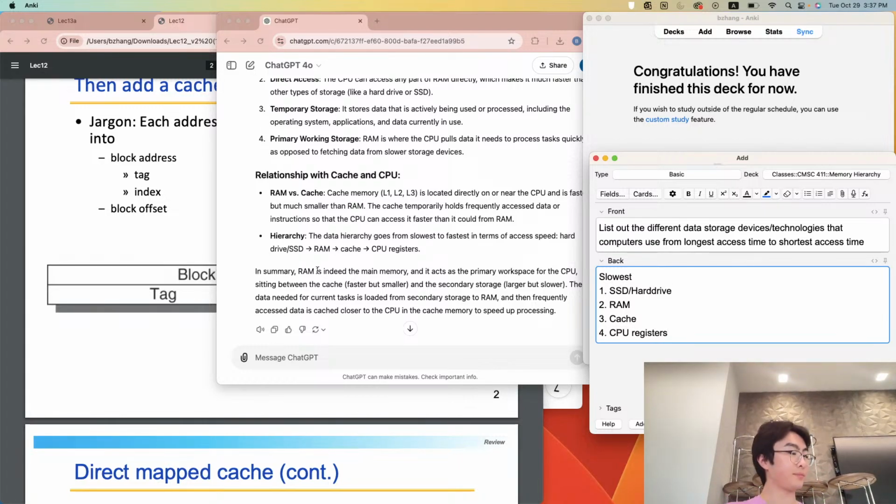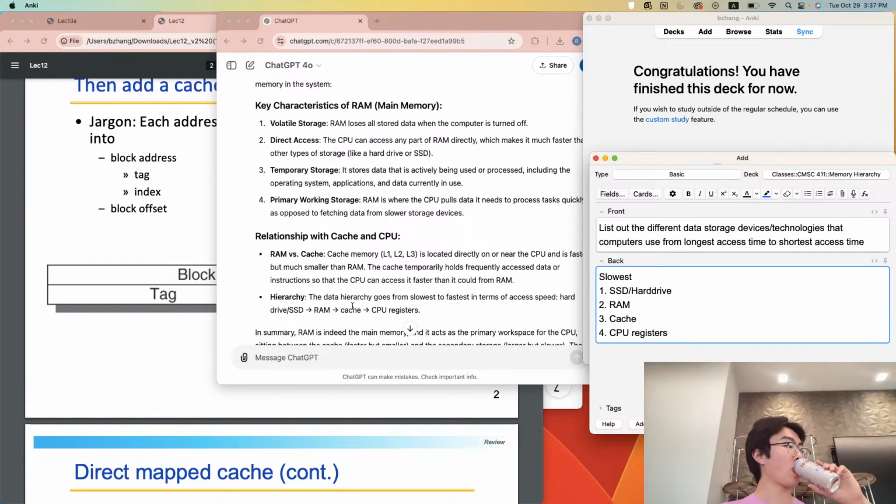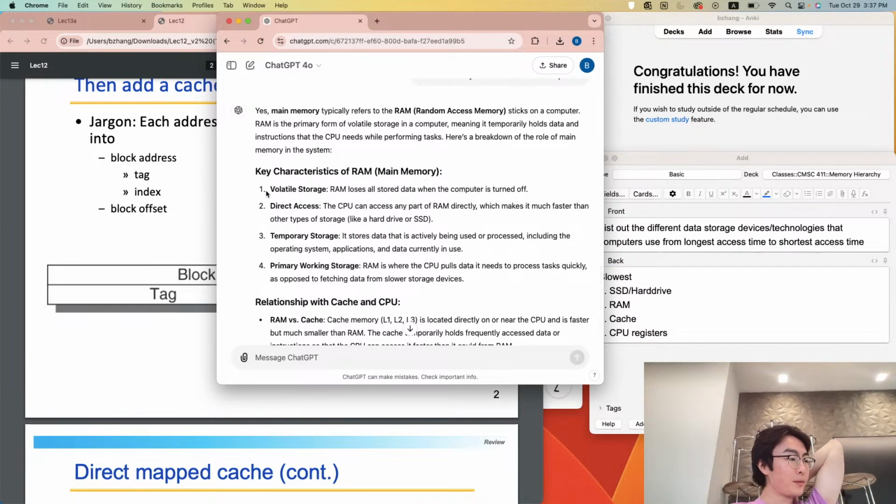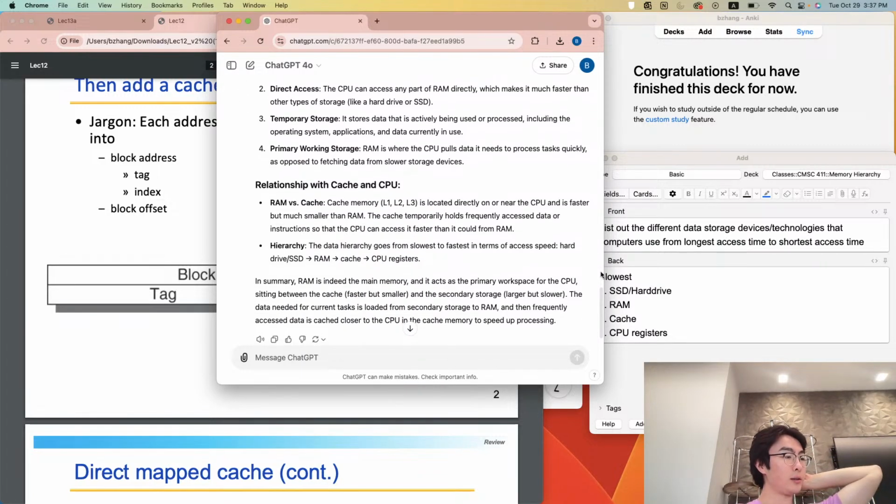Okay. Okay, I didn't know this. So it loses all stored data when the computer's turned off.